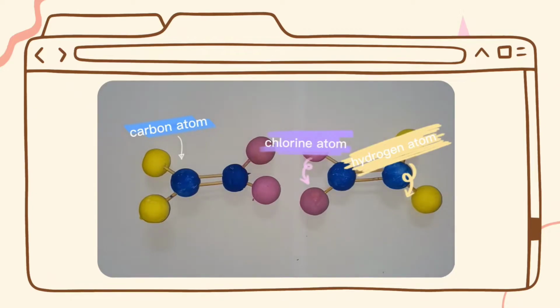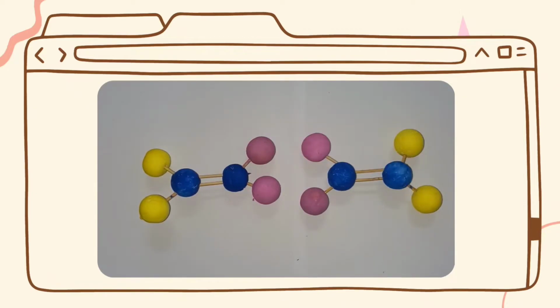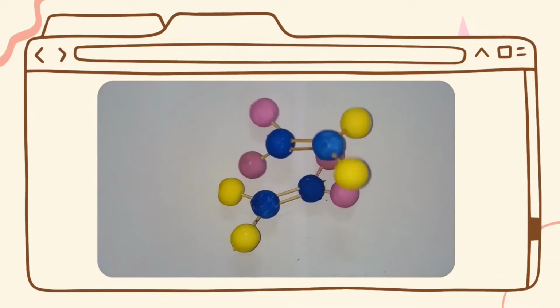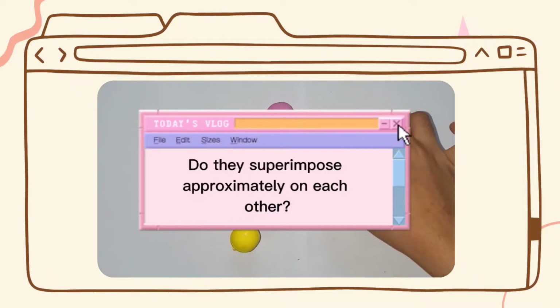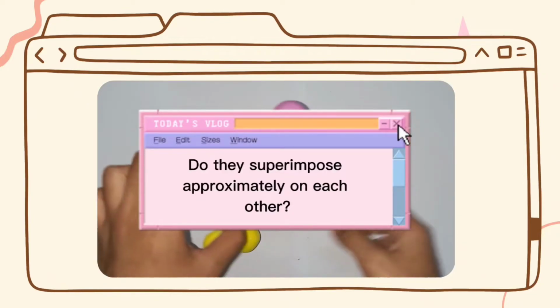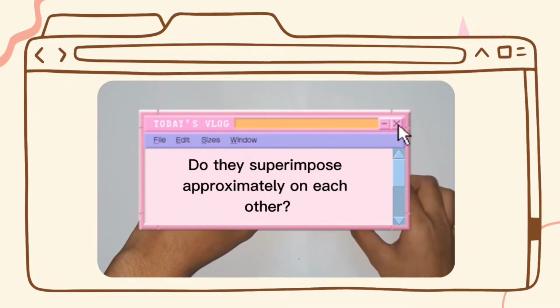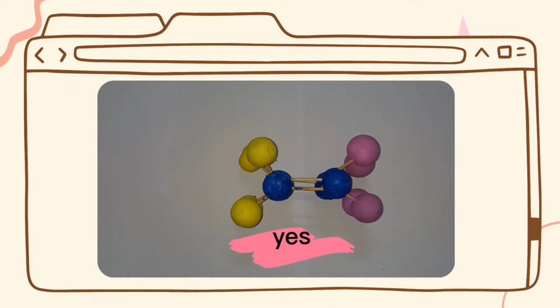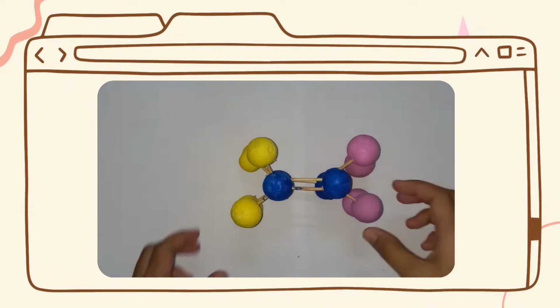Moving on, we have two molecular models of 1,1-dichloroethene. Now let's see if we can superimpose both of them. First, throw them freely. Do they superimpose approximately on each other? Yes, they do.